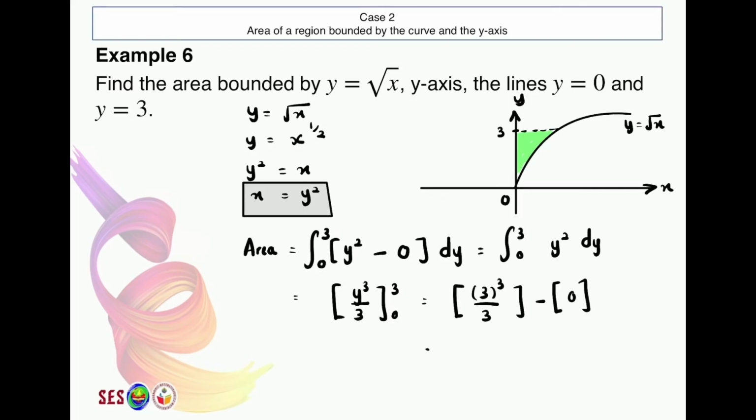So this is equal to 27 over 3, which is also equal to 9. So 9, remember it's units squared because we're finding the area. So there you go, that is your final answer.